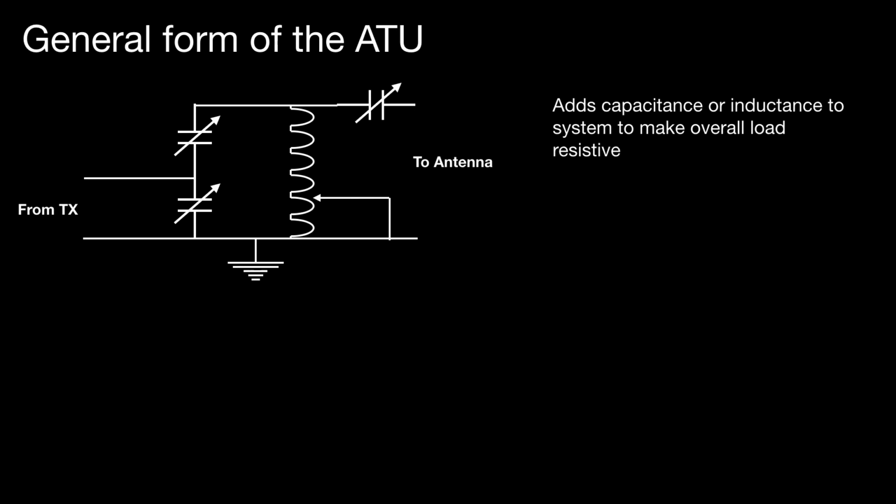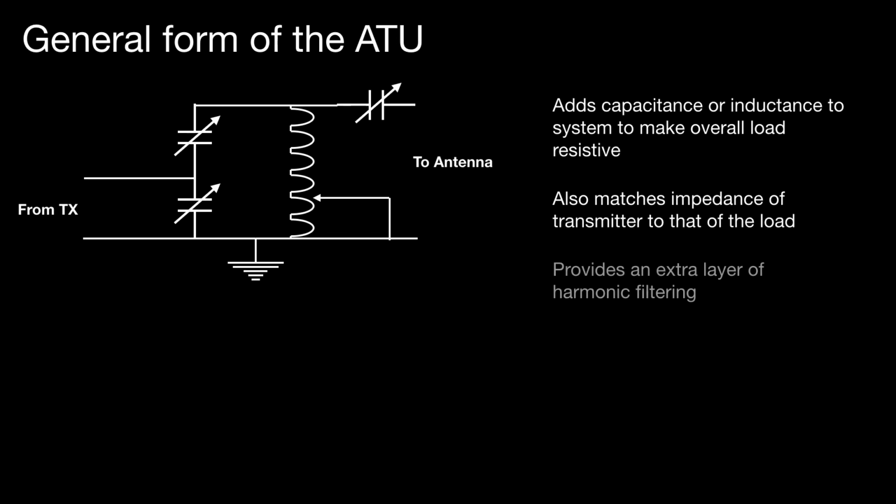And there you can see you've got a capacitor across the transmitter directly, an additional capacitor then in series with that, both across a variable inductor, and then finally a third capacitor going off to the antenna. Now, this also matches the impedance of the transmitter to the load, and it provides an extra layer of harmonic filtering, but you should not rely on this for your harmonics filtering. This is, if you like, just belts and braces.